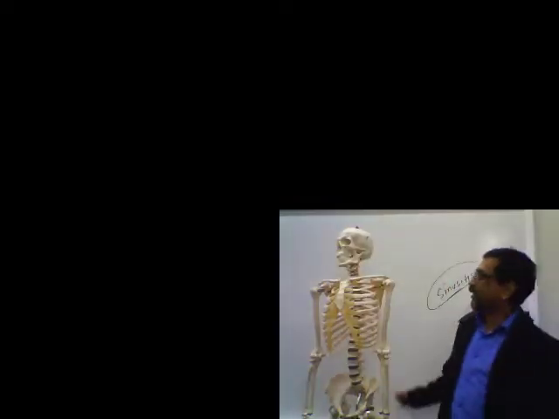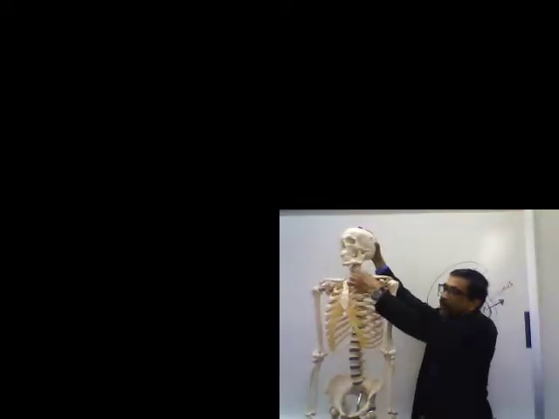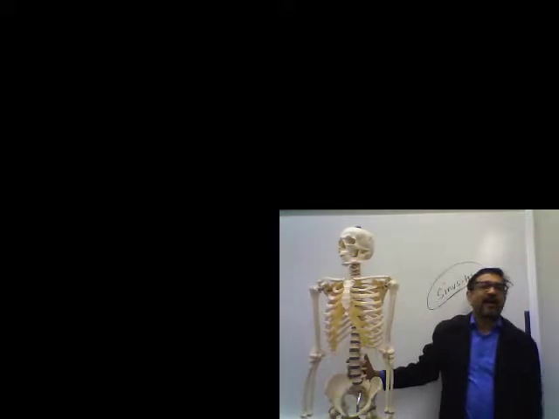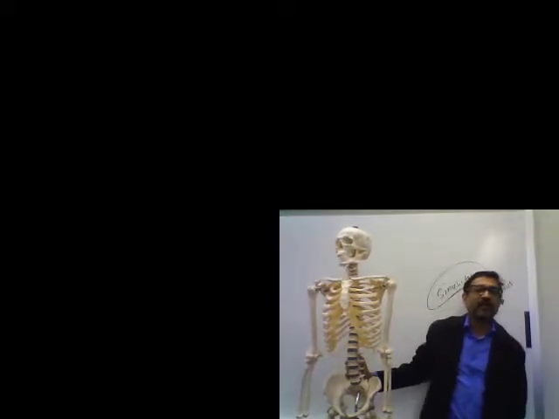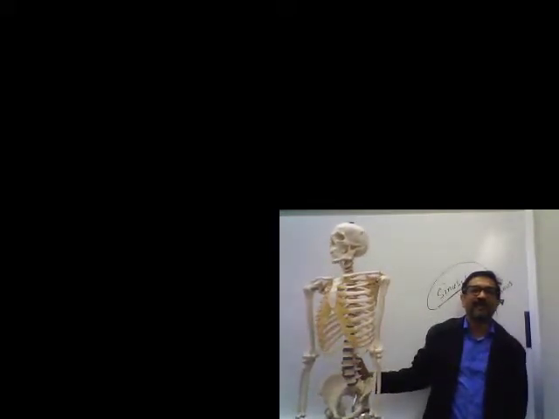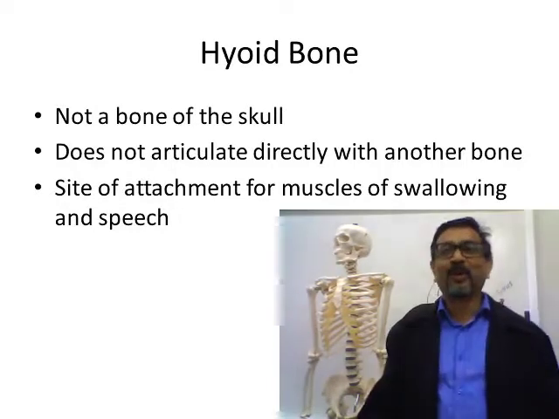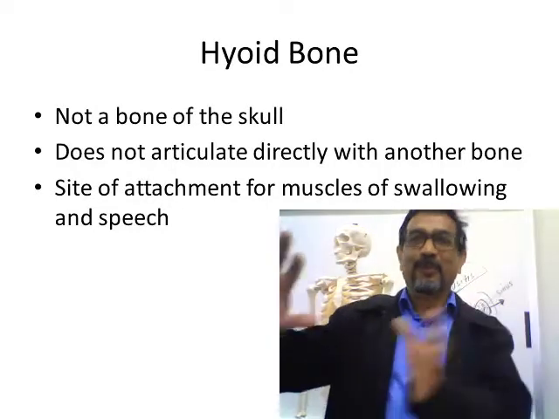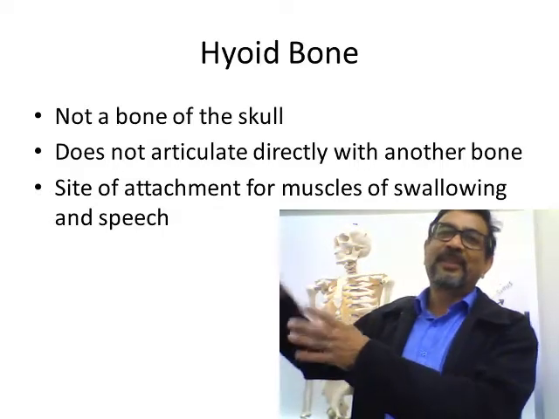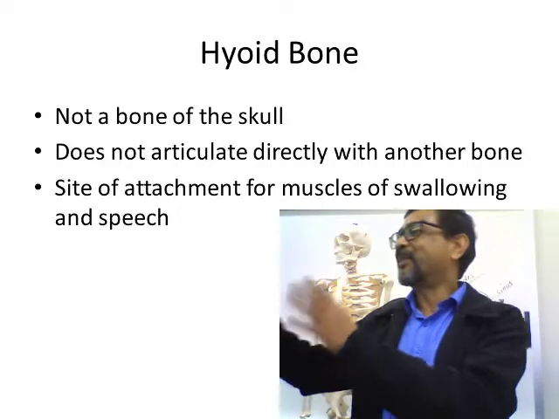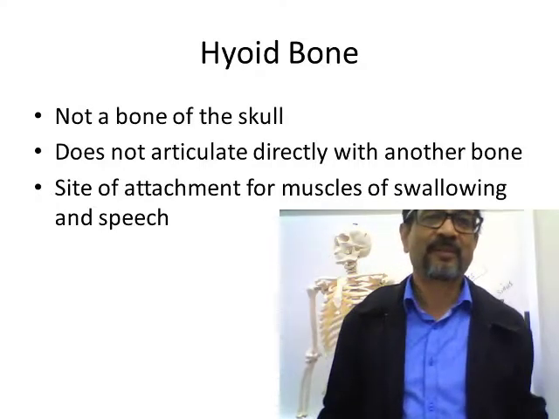Hyoid bone. This is an interesting bone in your body. You see here, this is the hyoid bone. Hyoid bone is also known as the lonely bone. Why is it called the lonely bone? Because no one wants to take him as their part.